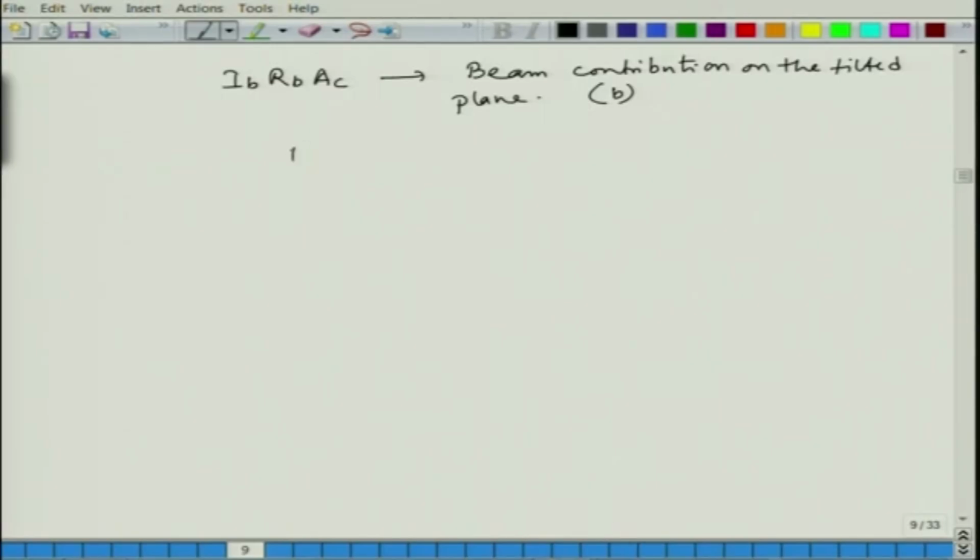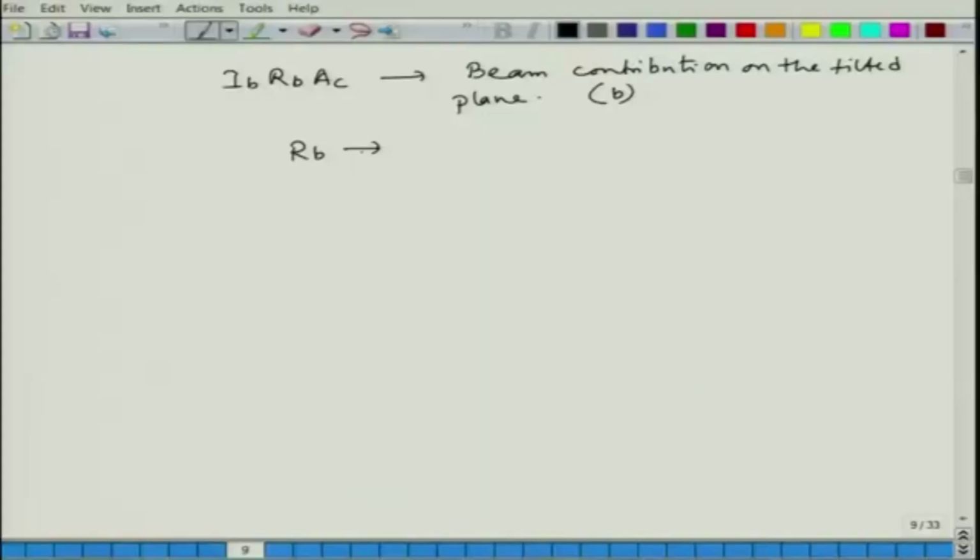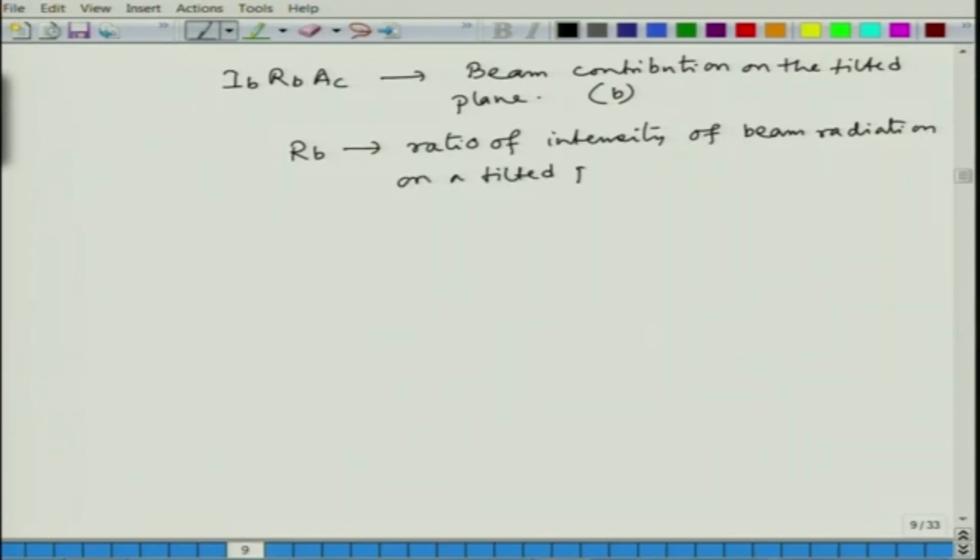Now, what is R_B? This is a new symbol coming abruptly, so let me explain. This is the ratio of the intensity of beam radiation on a tilted plane to that on a horizontal plane.